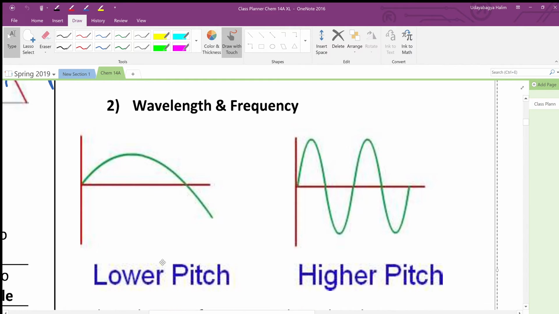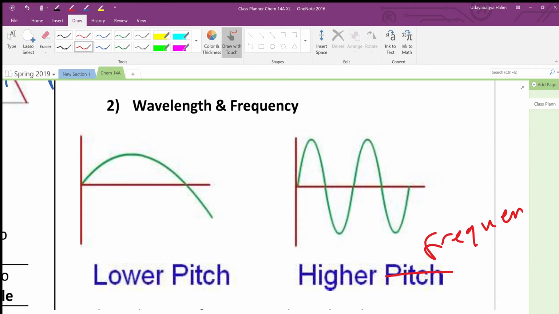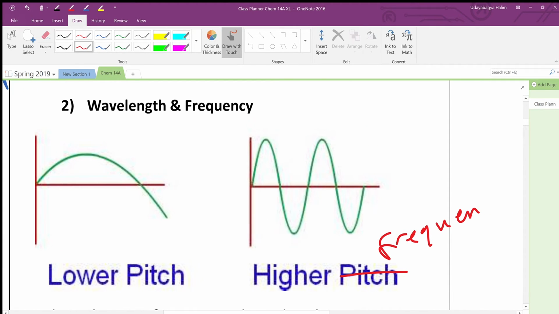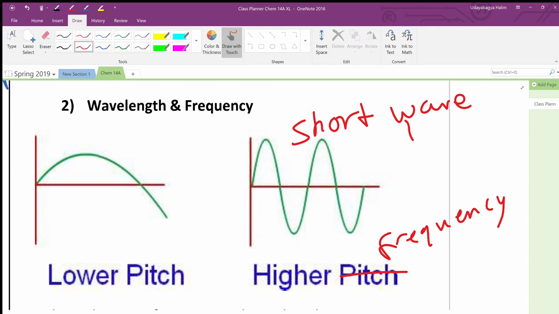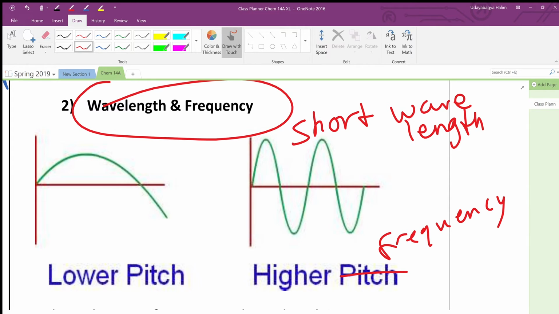Whereas if you have a higher pitch noise, something that looks like this, you have a higher frequency as well as a short wavelength. So frequency and wavelength are inversely related to one another. They're more or less telling you fairly similar information, at least for now.